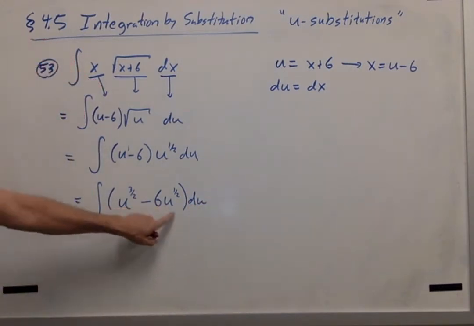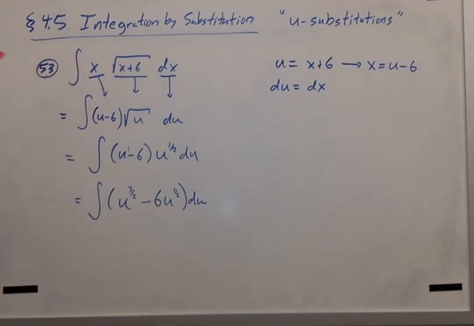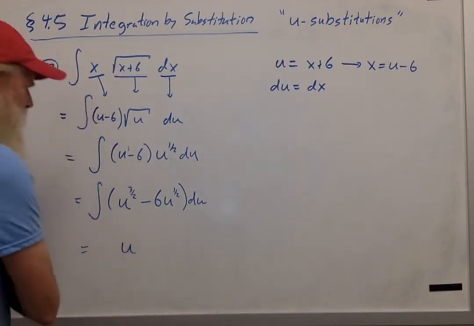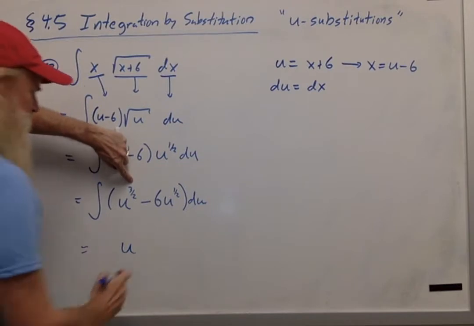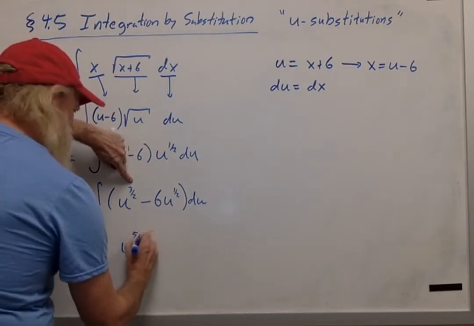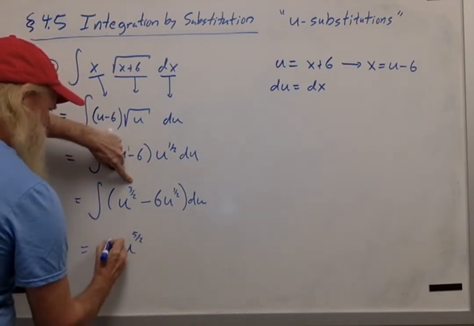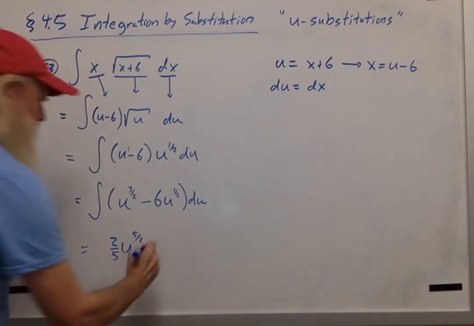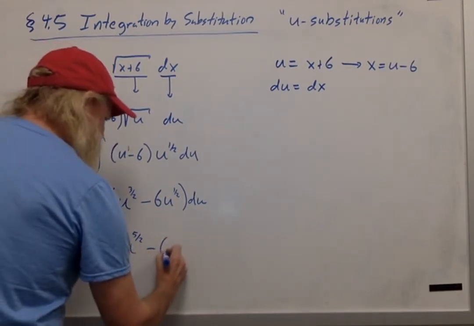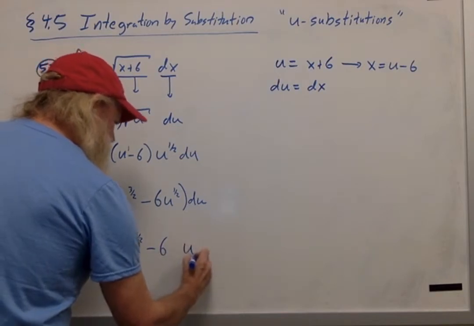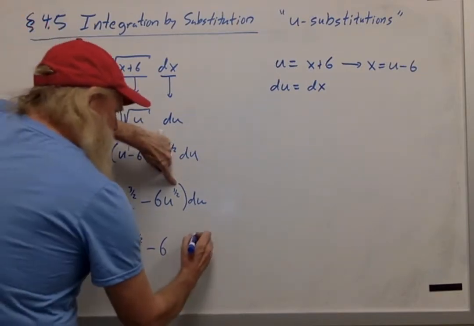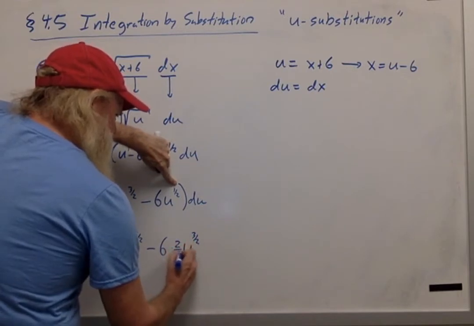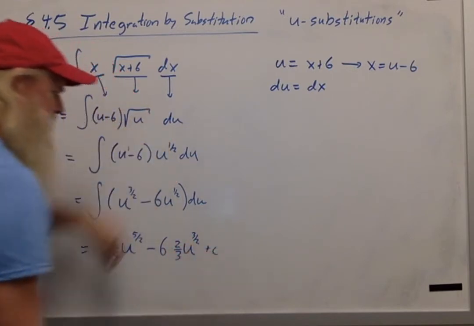And now I can integrate this term by term using the power rule. To get the antiderivative of u to the 3/2, I add 1 to the exponent, which gives me 5/2, and then I multiply by the reciprocal, 2/5, minus 6 times, adding 1 to the exponent, u to the 3/2, times the reciprocal 2/3 in front.